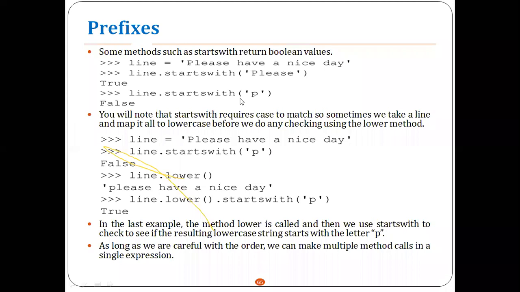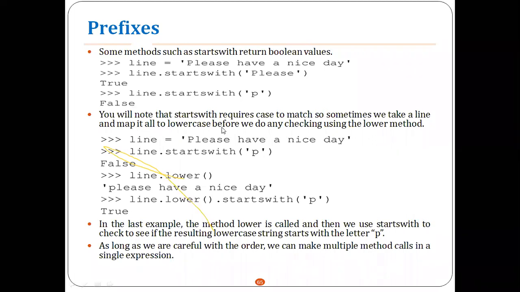Here it is case sensitive. This is capital P and this is small p. So it returns a false value, stating that it doesn't start with a small p or the lowercase p. That's why the outcome of startswith will be false.